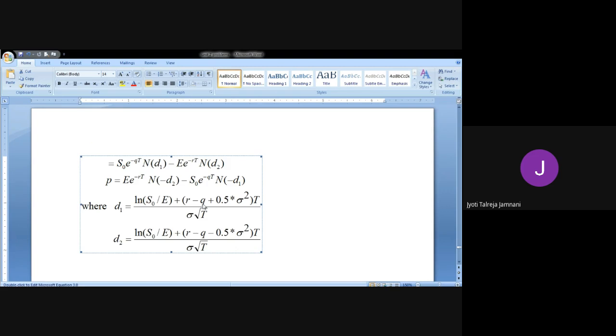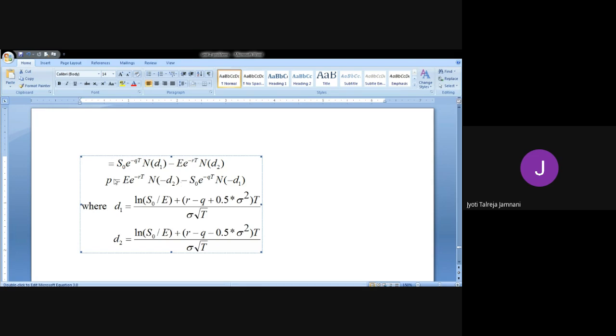Remember when I did the first unit, I told you whenever you earn an income, you should do minus. In the cost of carry model, there also we did S naught minus I when you earned a dividend. So here also this dividend has to be minus. There we had yield in percentage, so we used to do R minus Y in the first unit. Here we're doing R minus Q. Here dividend is denoted as Q. So that is the only thing that is additional.